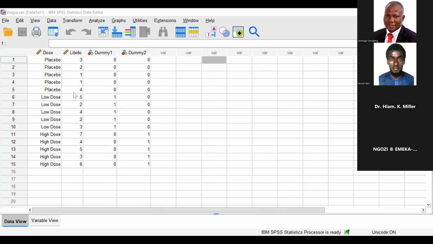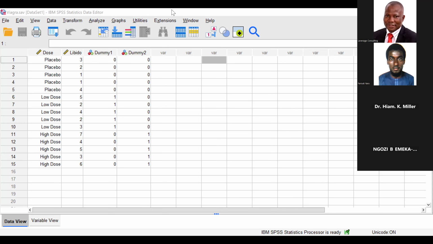So you're going to run the test, comparing placebo and low dose, placebo and high dose, low dose and high dose. Those 3 different combinations. We call them post hoc tests.